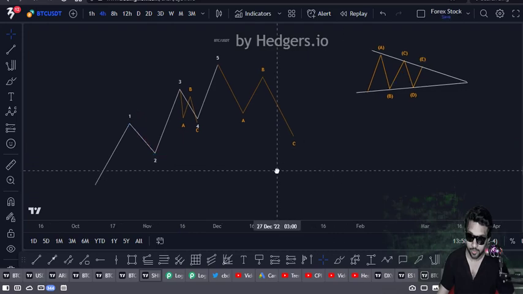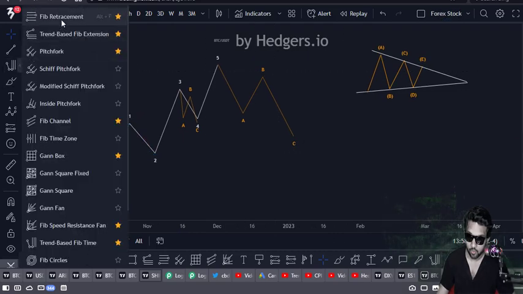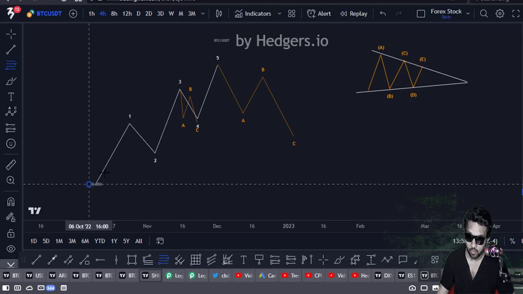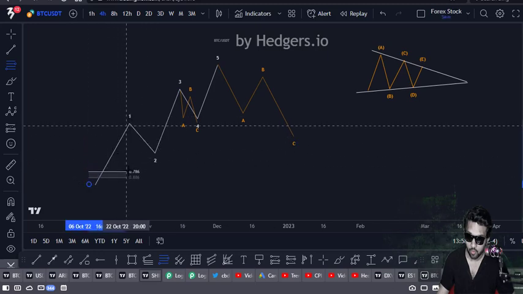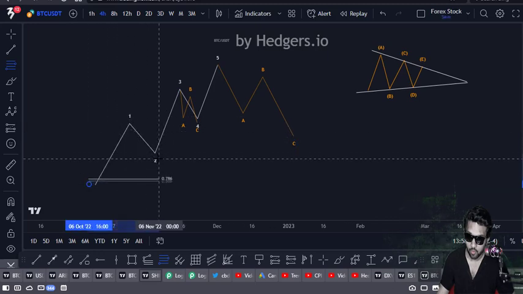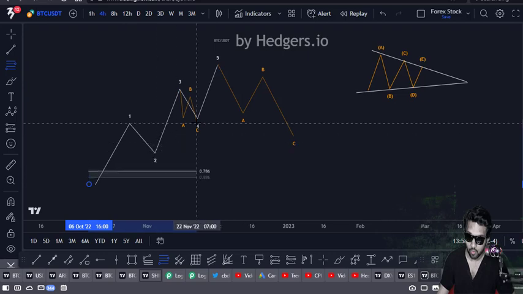start with the Fibonacci retracement of the first wave and the second wave. If you want to know where the second wave is going to be stopped, you're gonna do this.